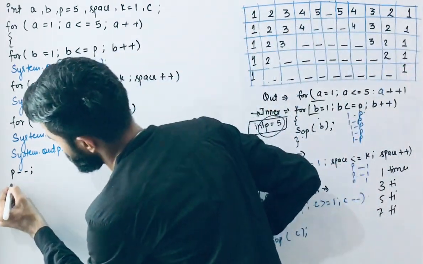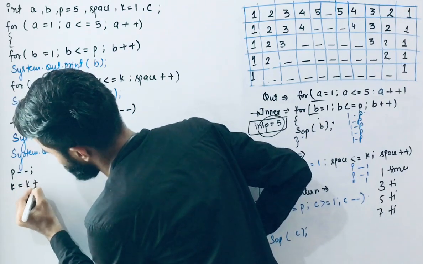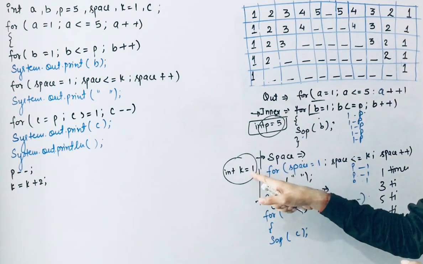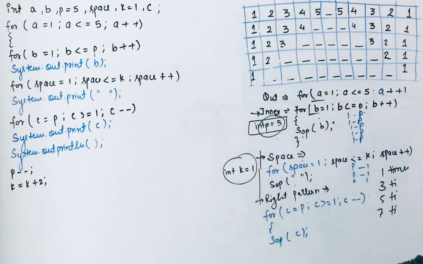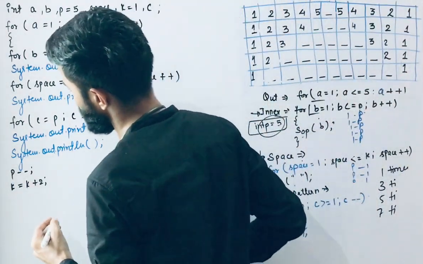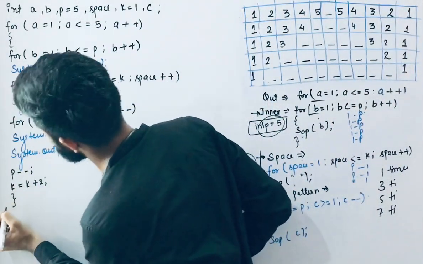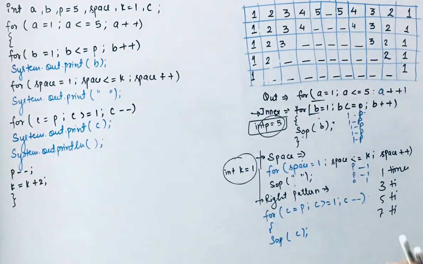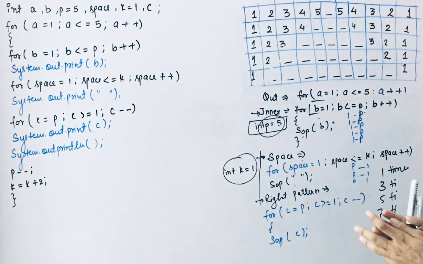So that's why I'm writing k equal to k plus 2 in every loop. So in the first loop the value of k is 1, in the second it is 3, in the third it is 5, in the fourth it is 7, and then 9. And now we can close this loop with the curly bracket. So this is our basic task for completing this pattern.